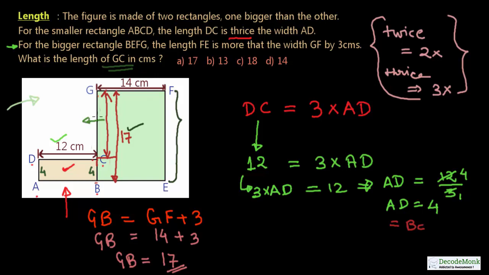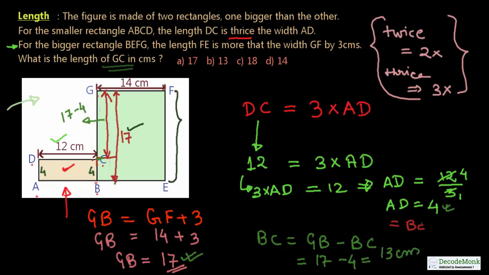This whole total is 17 and this smaller portion is 4. So this is equal to 17 minus 4. Let me write over here, GC equal to GB minus BC. So GB is equal to 17 centimeters and BC is equal to 4 centimeters. So 17 minus 4 is 13 centimeters.